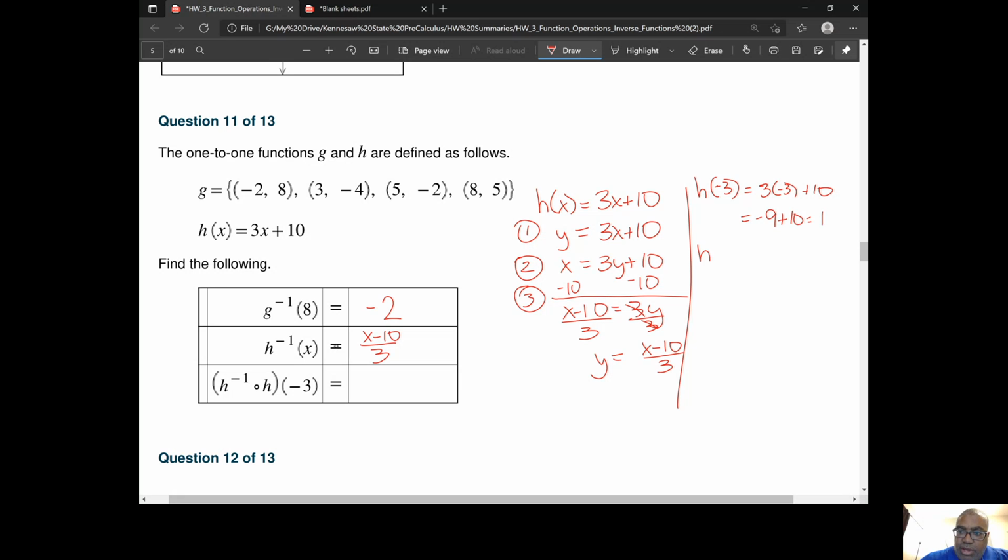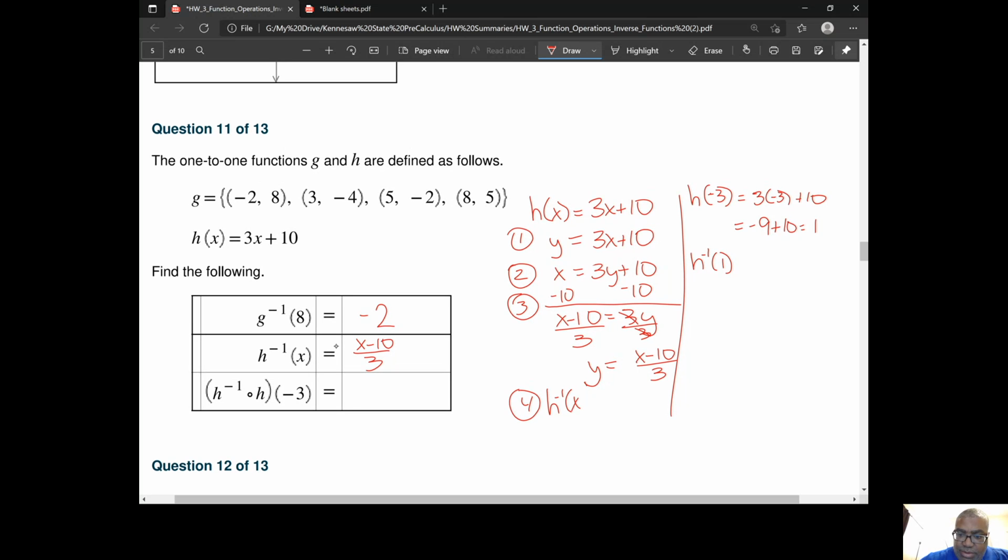Right? H inverse of 1. Oh, I'm sorry. Last step: H inverse of x is equal to (x minus 10) over 3. That's what you're supposed to do, that last step. It's trivial, but go ahead and do that. H inverse of 1 is equal to (1 minus 10) over 3, which is -9 over 3, which is -3. So you get what you started out with.